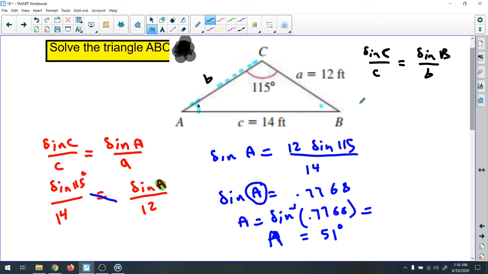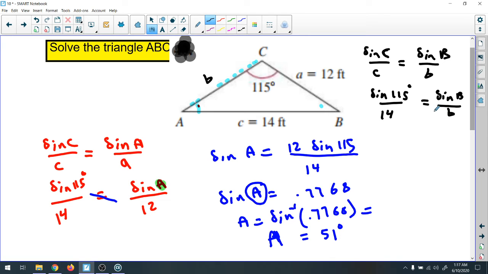Let's plug in what we know. Sine of C means sine of 115 divided by c, which is 14, equals sine of B, which we don't know, divided by b.